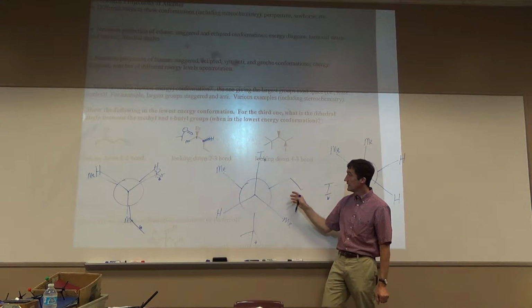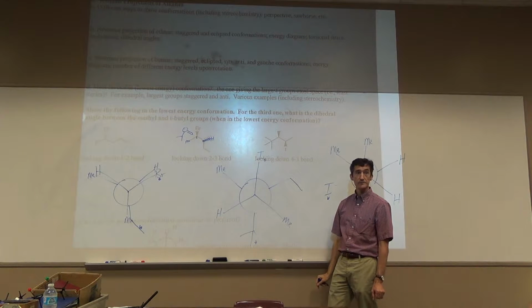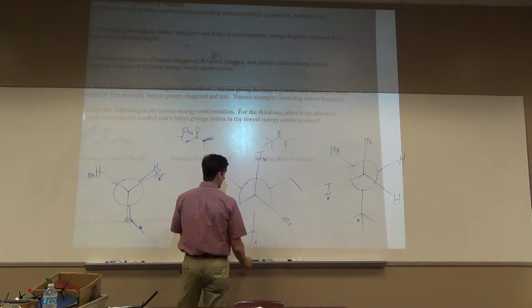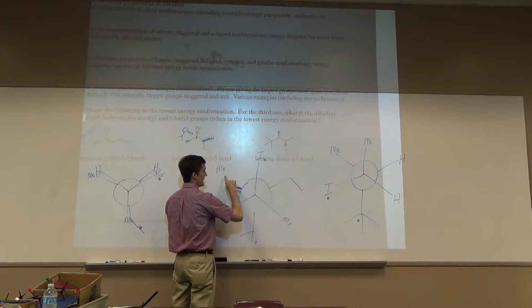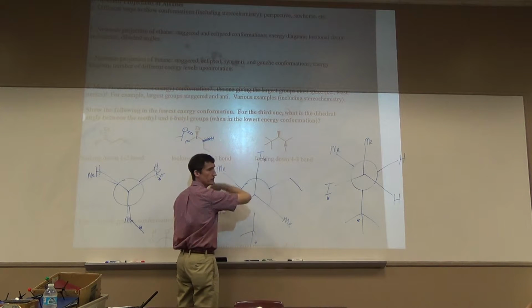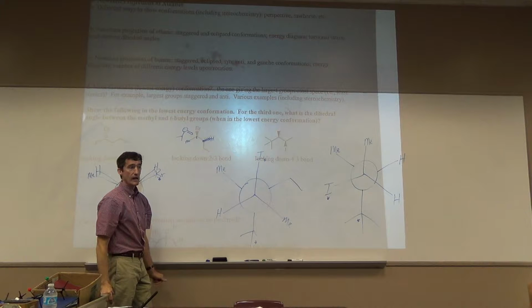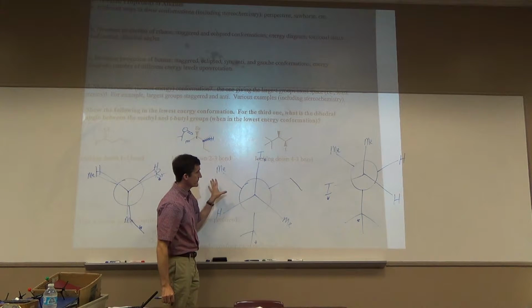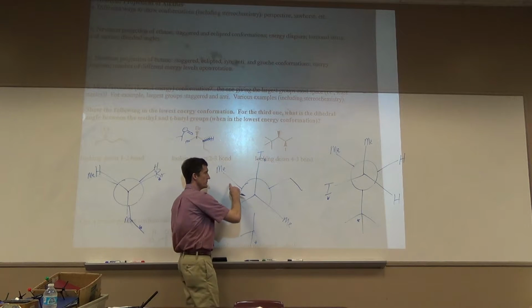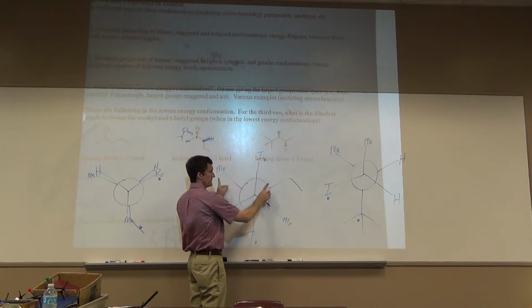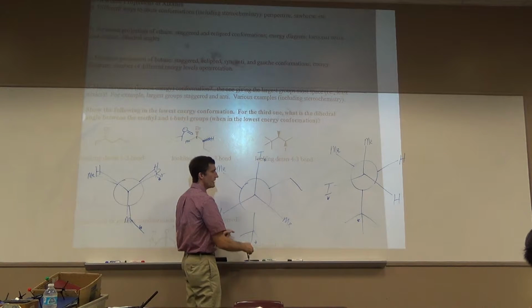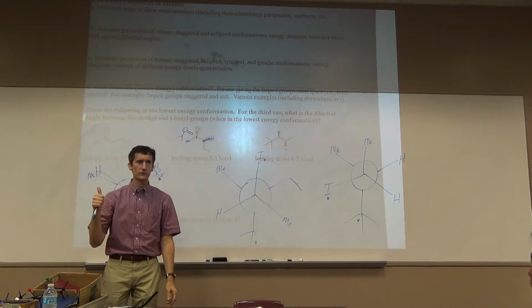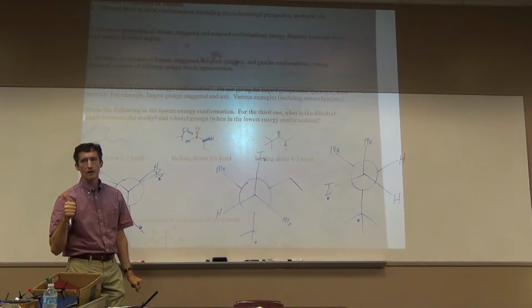So if this was ethyl, that would actually be your lowest energy conformation, because your biggest groups are anti. But you could look at it and say, hey, look at all three of these groups. They're all gauche to each other. And while they're not eclipsed, gauche is still close together. Could I have a situation where two groups are here and here? Possibly, but for us, what's the lowest energy conformation? The largest group's anti.